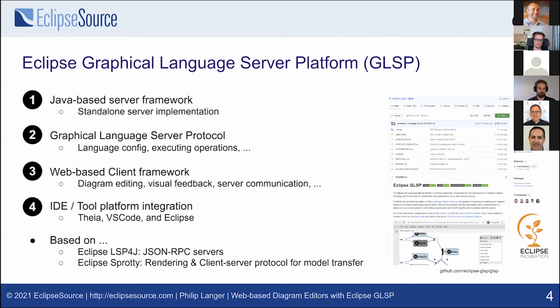It's worth noting that the project heavily uses other open source technologies as well. So we build the Java-based server on LSP4J, which is an excellent framework to build JSON RPC servers, which happens to be also used when you build other language servers for textual languages.